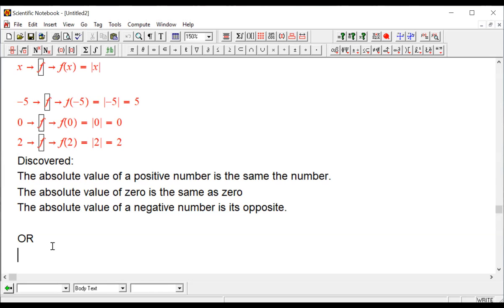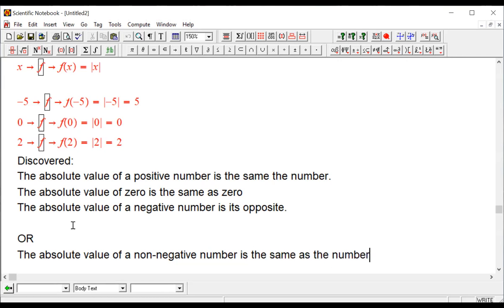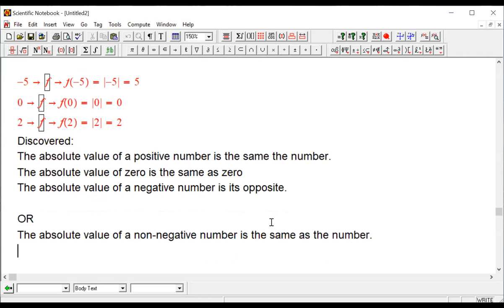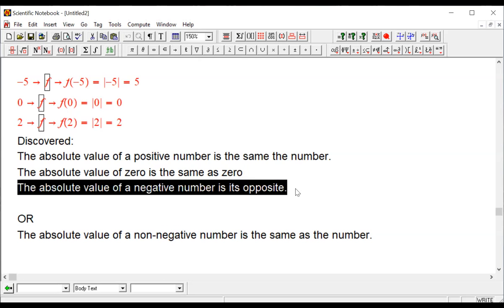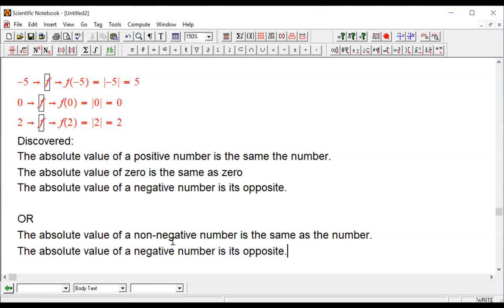If we combine these two, we can say the absolute value of a non-negative number is the same as the number. And the last sentence, the absolute value of a negative number is its opposite.